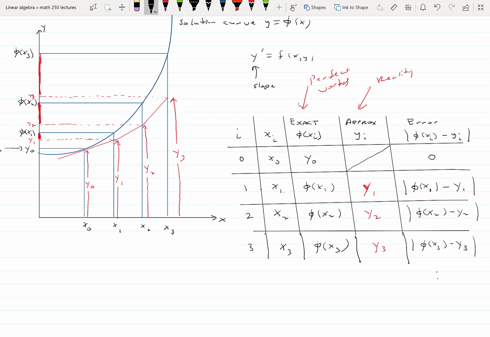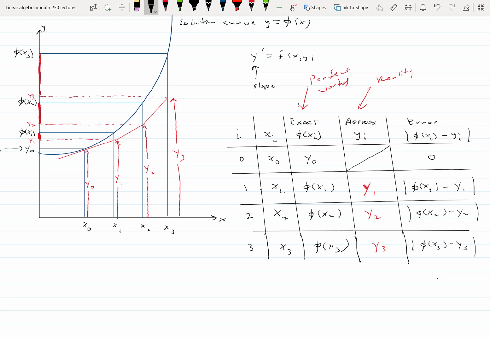Okay, so is this a valuable method? Yeah, it is. If we choose our x values, x1, x2, x3, etc., to be close to x naught, that will mitigate the errors quite a bit. If we choose them extremely close, those errors are still going to be increasing, but they'll be substantially smaller.